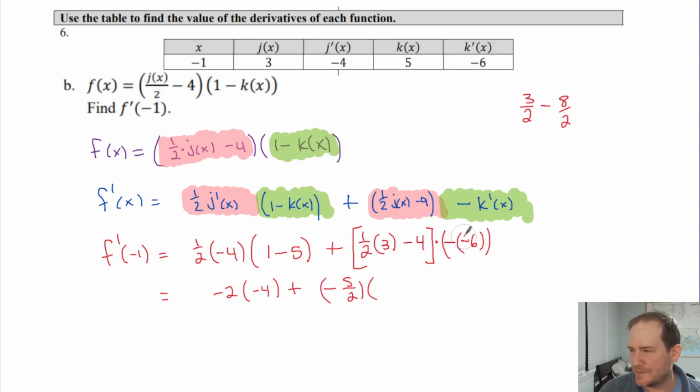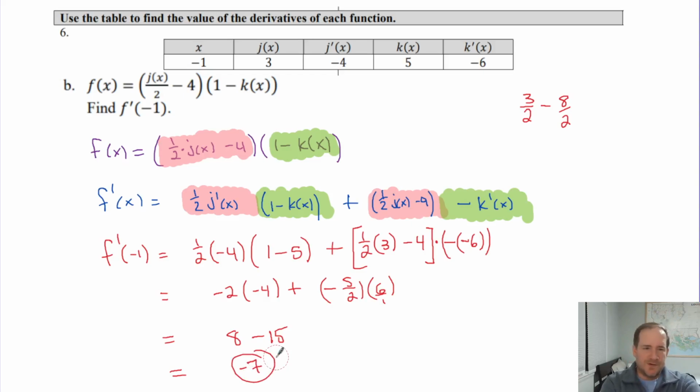And then that's getting multiplied by positive 6. So we now have a positive 8 minus, and this is going to be what? 30 over 2, so 15. And then there's your negative 7.